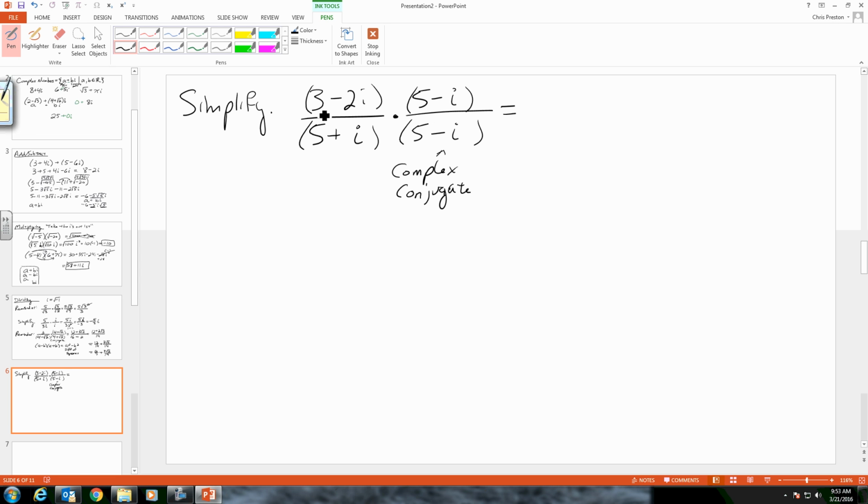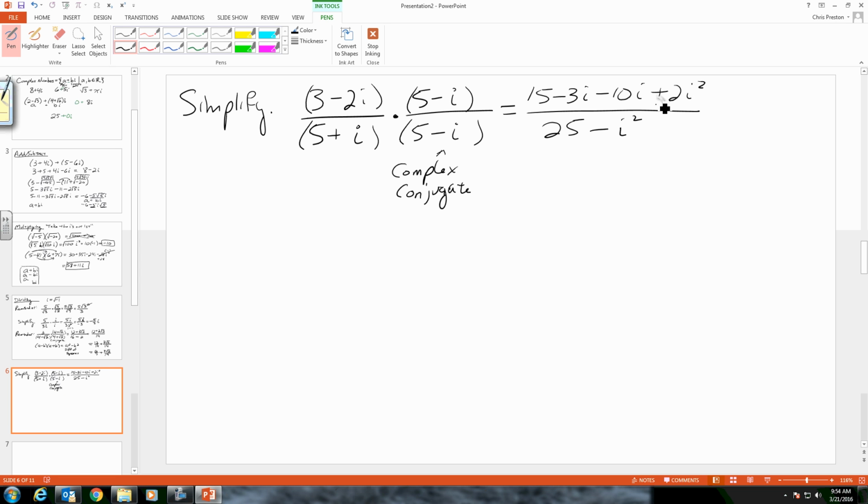So we're going to multiply all that out. A little bit more, let's see, 15. Again, I'm just FOILing. Minus 3i, -2i times 5 is -10i, and -2i times -i is positive 2i squared, over, again, just the difference of squares, so 25 minus i squared. And then we go, oh wait, i squared is really -1.